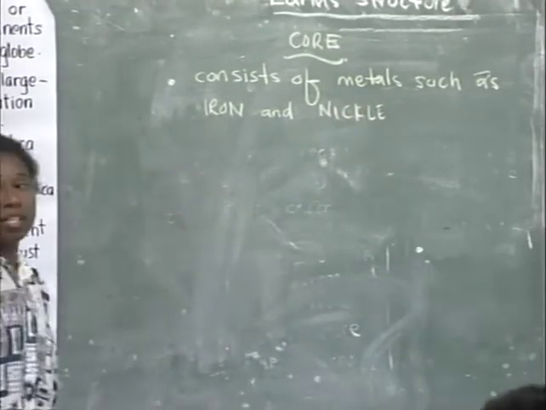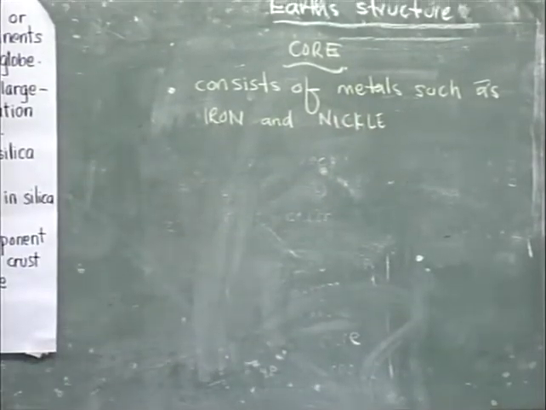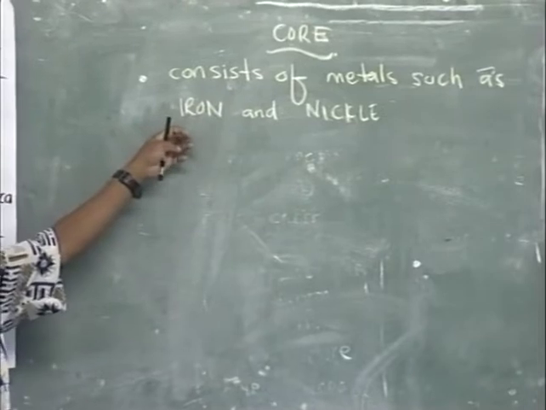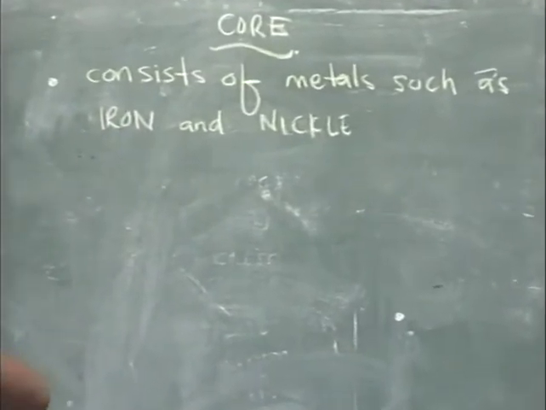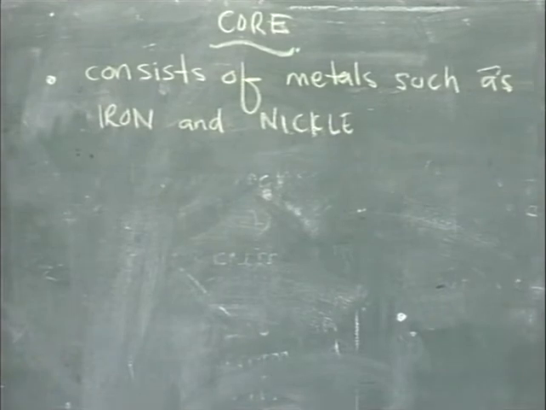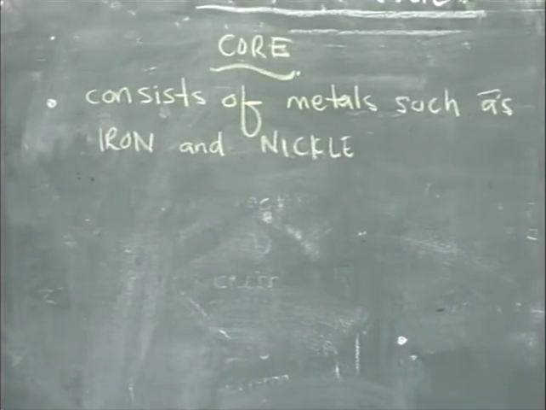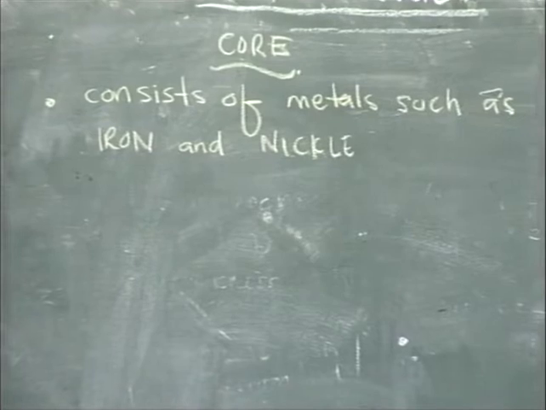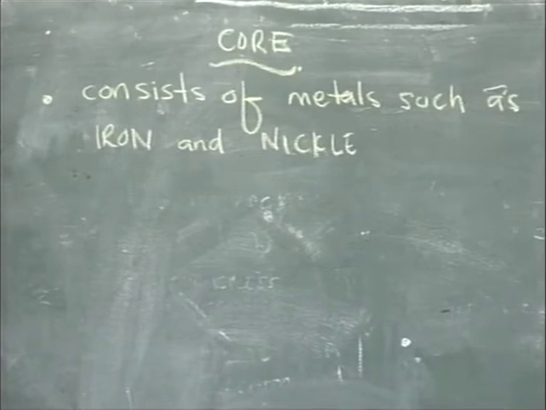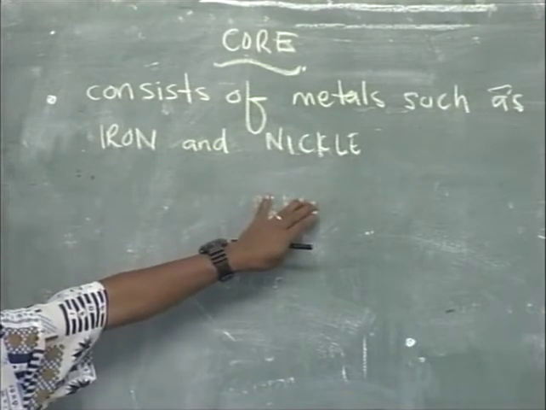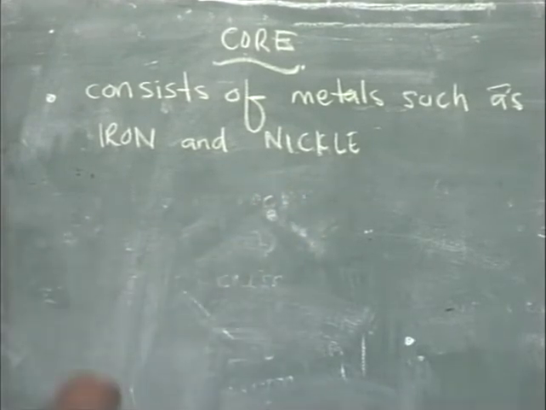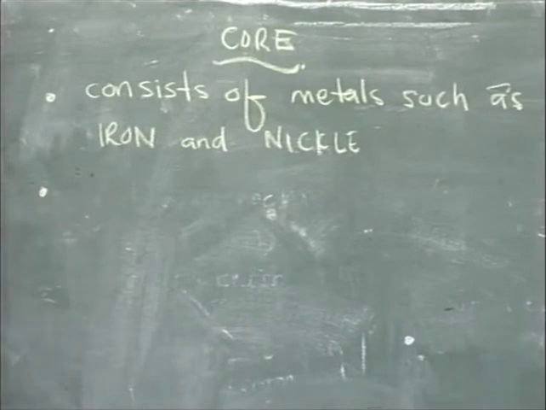Okay, consists of metals such as iron and nickel, because it's been explained a lot of times, those two are the main elements found there. Remember, when you go back to our work on differentiation, how the materials settled to form the planet Earth, the heavier metals, or heavier minerals, settle in towards the center. So iron and nickel are heavier, so you would usually find them in that particular layer. Okay, good. Rebecca, we move on.